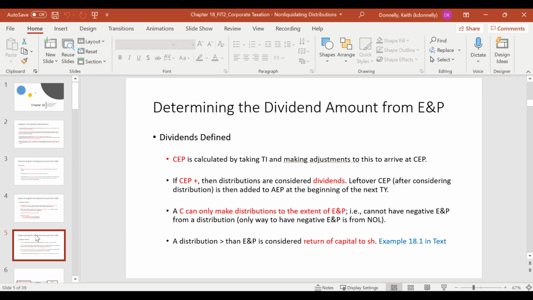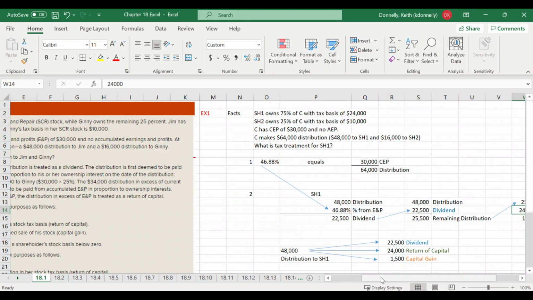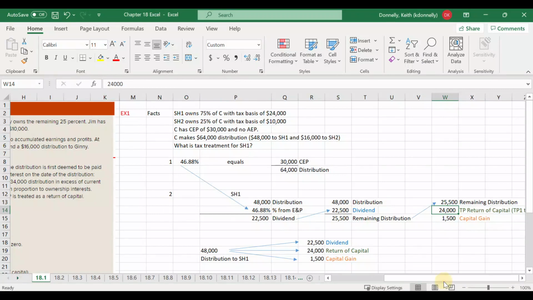So let's look at 18.1 here. We have two shareholders, shareholder 1 and shareholder 2. We're just going to focus on shareholder 1. They own 75% of the corporation and have a tax basis of $24,000. The corporation has current E&P of $30,000 and no accumulated E&P.